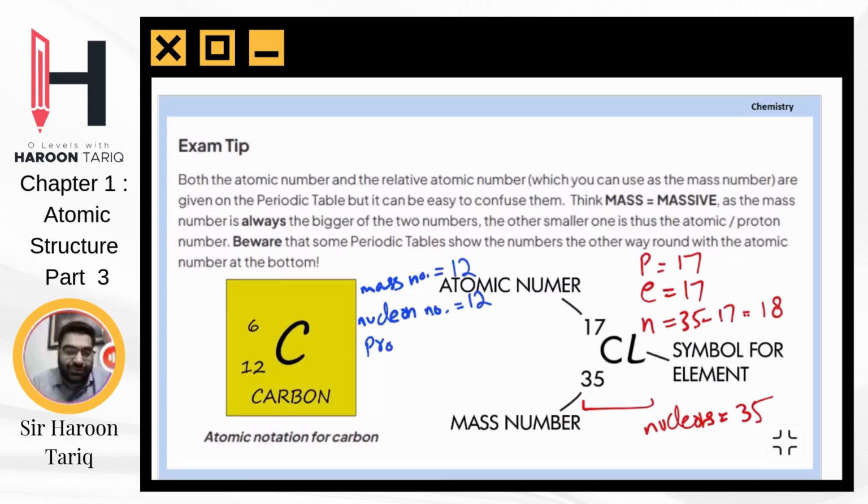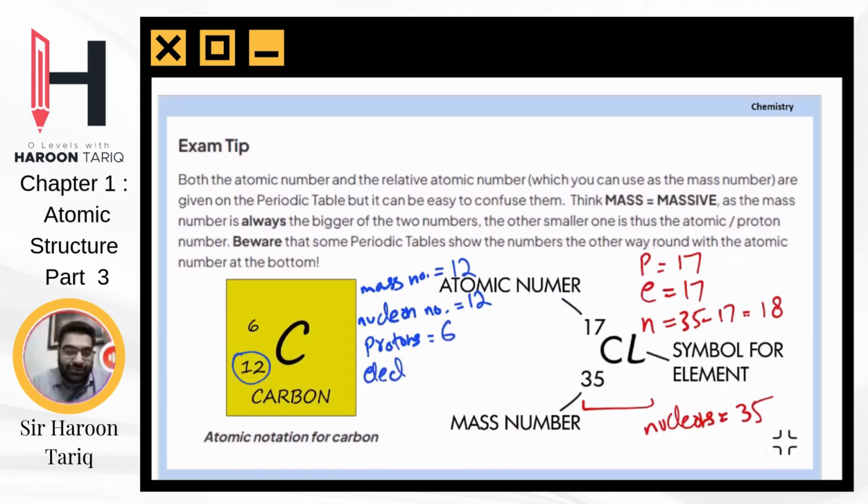The number of protons. The mass number is the bigger number, this 12. The bigger number is the mass number, and the nucleon number is also the bigger number. The number of protons would be the smaller number, which is 6.